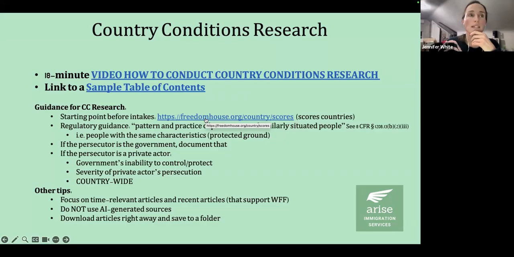So it gives me at least a sense of whether this is a really bad country, in the sense that it's going to be easier to argue your asylum case, or a middle of the road country where it's going to be harder and we might need an expert because it might appear like it's not that dangerous. In other words, the government could protect the client. So I always like starting there. It's just a helpful little cheat.